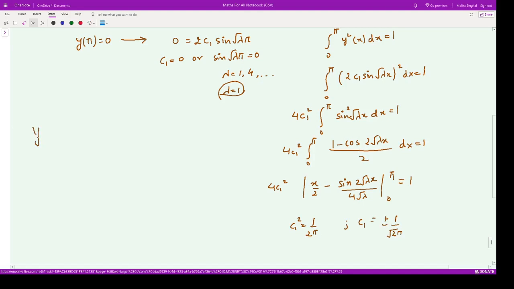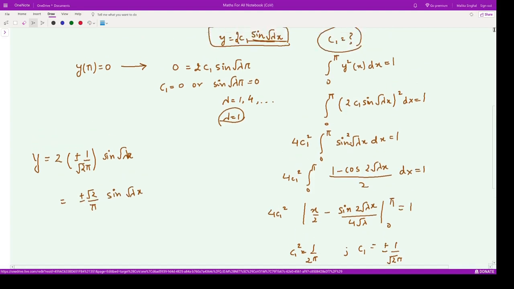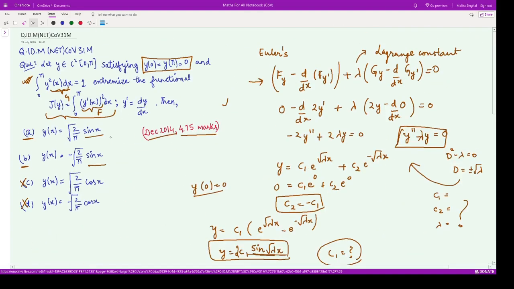Hence, our y becomes 2, what is c1? c1 is plus minus 1 upon square root of 2 pi, right, sine of square root of lambda x, or we get square root of 2 upon pi, plus minus sine of square root of lambda into x. So let us see our options. Obviously option A and option B both are the correct options.